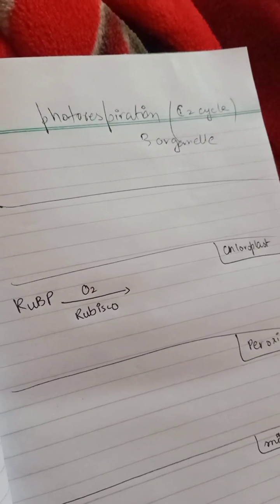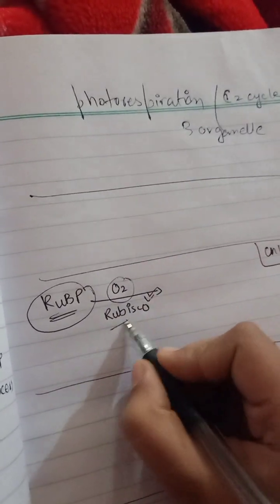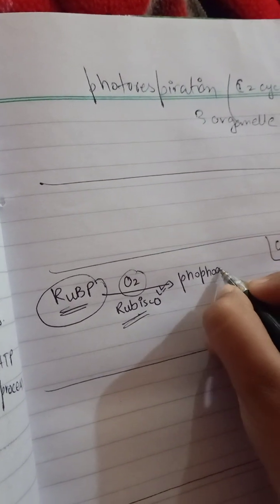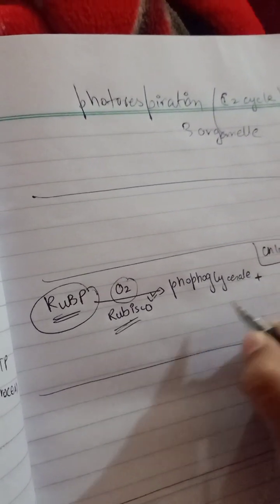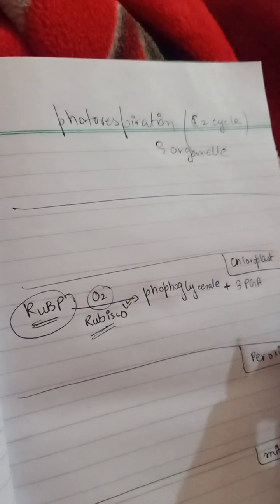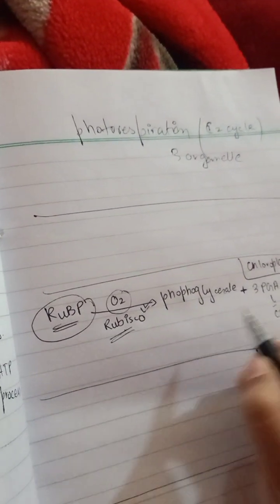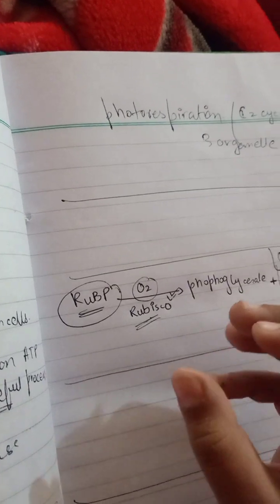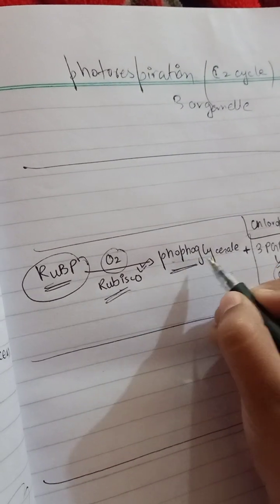So here you can see that this molecule is joined with oxygen in the presence of the Rubisco enzyme and makes a product, phosphoglycolate. In the C3 cycle, the product formed was 3-PGA, but today we are talking about the reaction in the presence of oxygen.